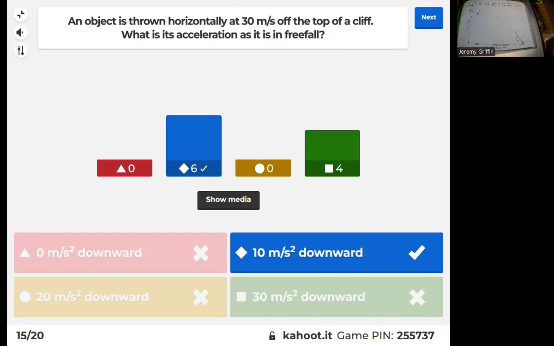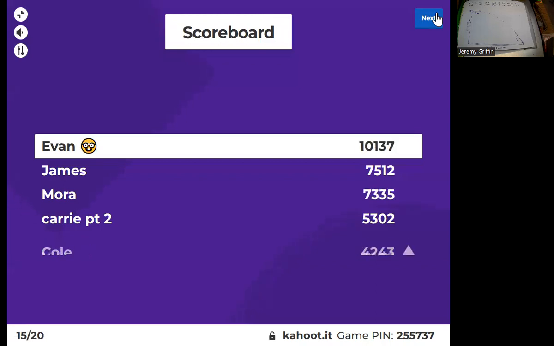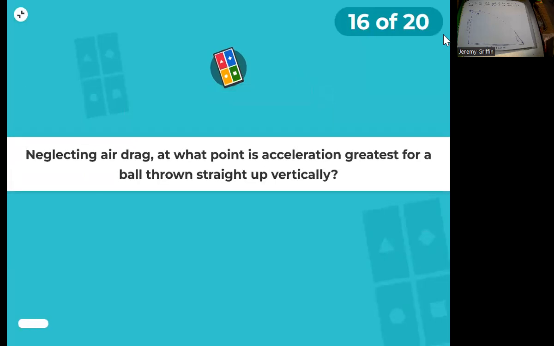Yeah, anything in free fall at the surface of Earth, it's always 10 meters per second squared downward, right? It doesn't matter how fast it's moving, which direction it's moving, right? Gravity always pulls 10 meters per second squared downward. Is that okay? Right. And that's strictly vertical.